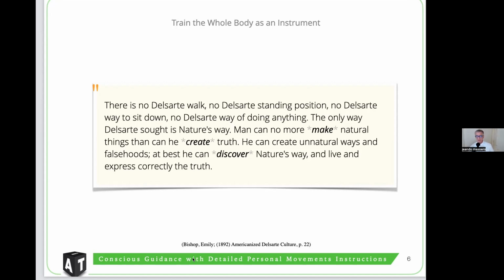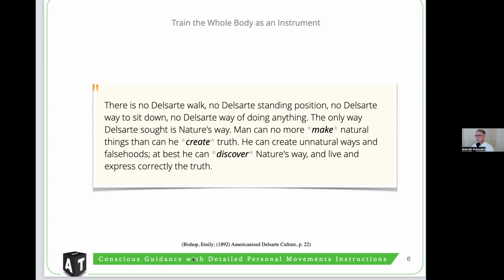Again, this can be understood completely in the opposite direction. Because when you are talking about nature's way, it's as if the human being is a natural animal that has learned wrong habits from his schooling, from copying other people, and from his culture.